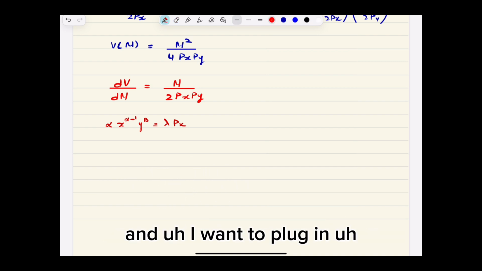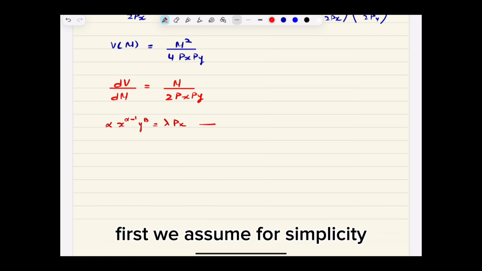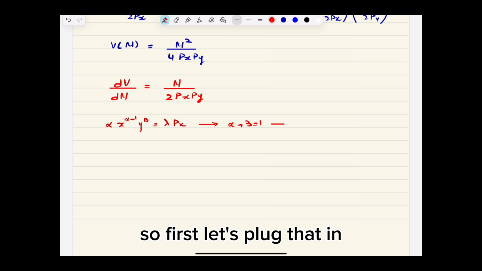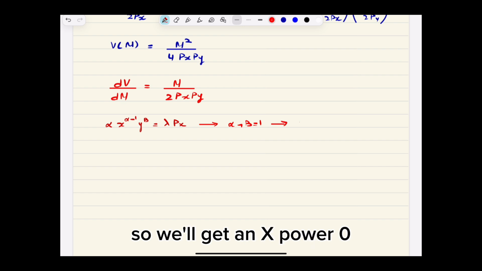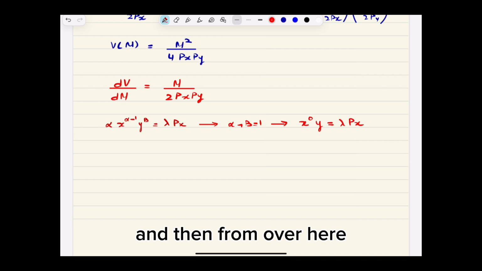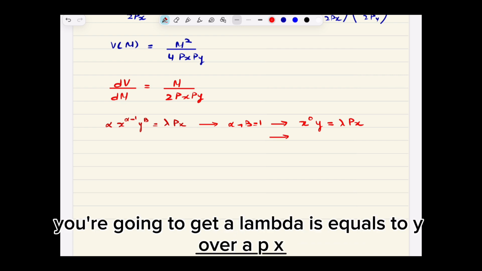And I want to plug in, first we assume for simplicity that alpha and beta are equal to 1. So first let's plug that in. So we'll get x power 0 and y power 1 is equal to lambda px, and then from over here we are going to get lambda is equal to y over px.